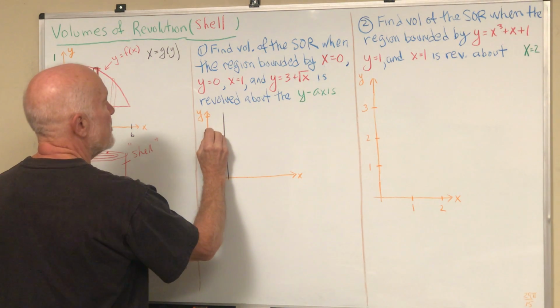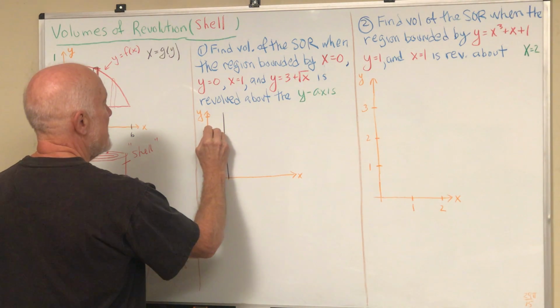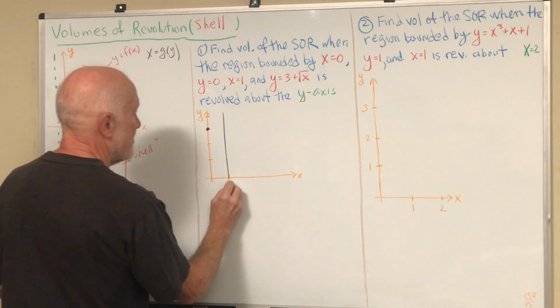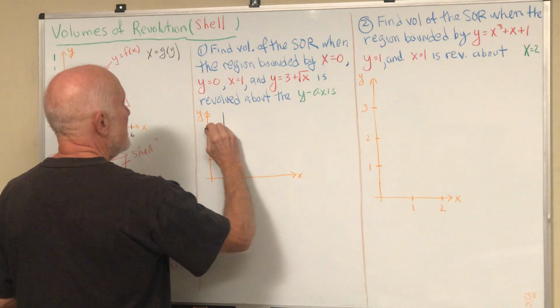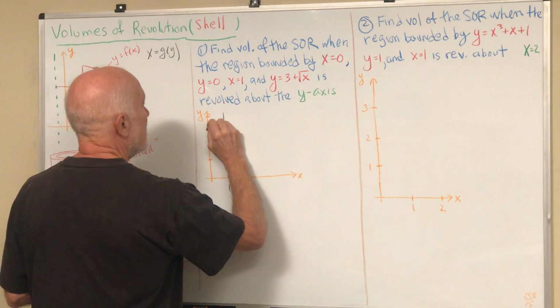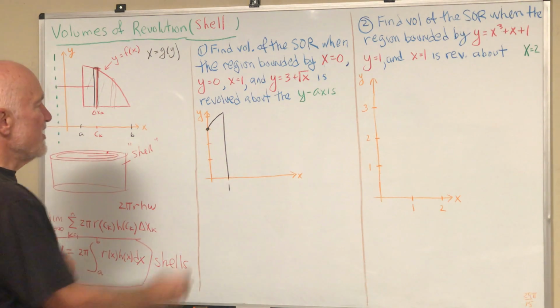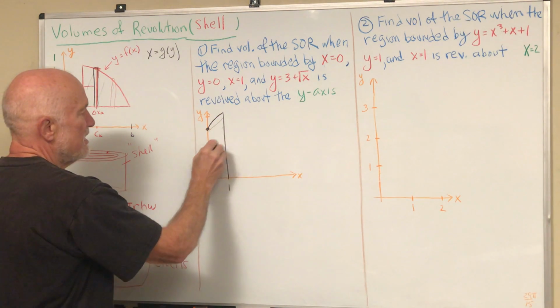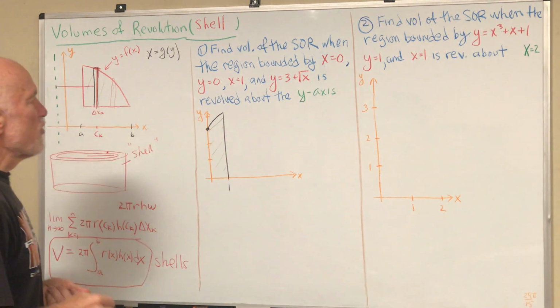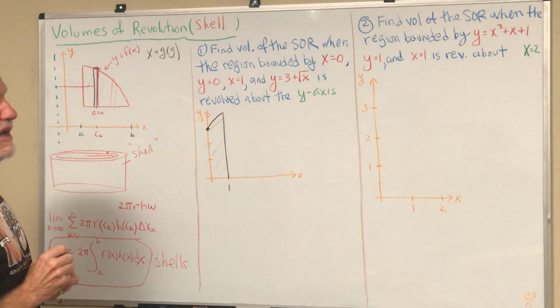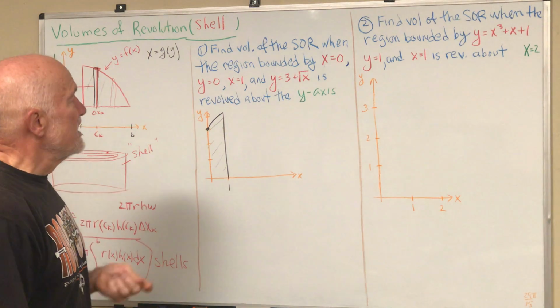So it starts out at 3, and then you go plus the square root of x. So by the time you get to 1, it's going to be up to 4. And it's going to keep going out like that, but this is the area right here, and we're revolving that about the y-axis. Now, which method should we use?